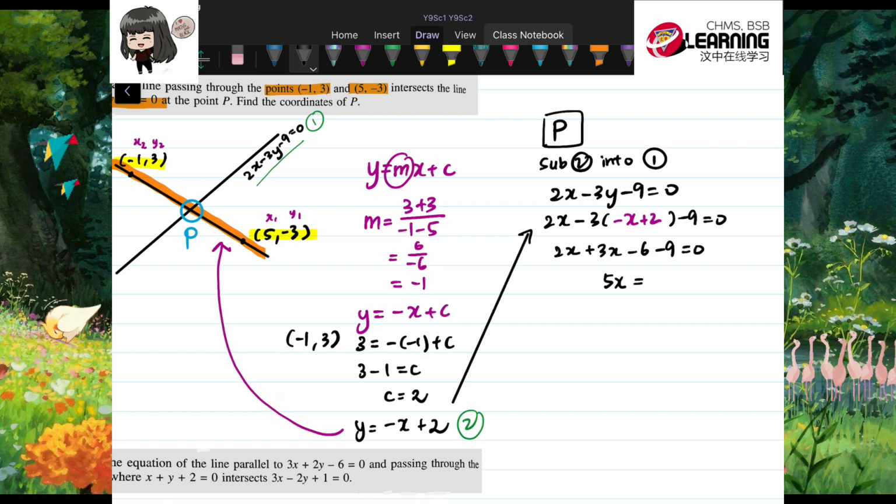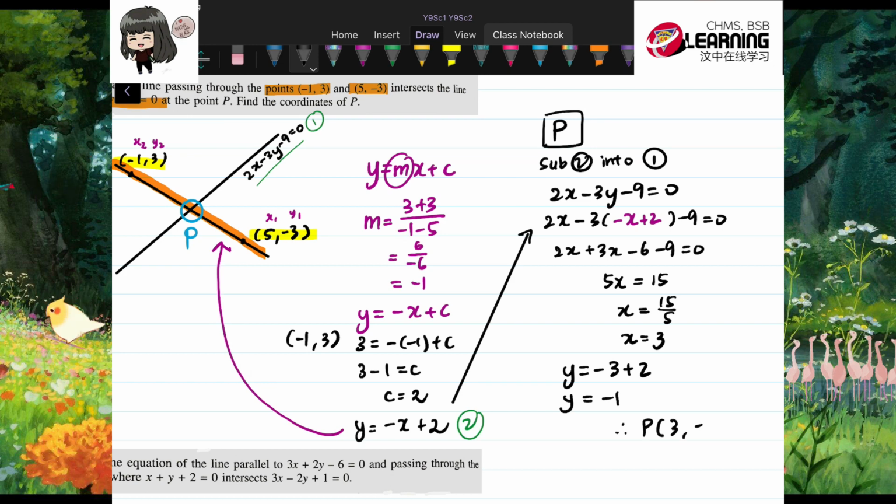Okay, you can try to solve it on your own. Therefore, my coordinate of P is 3, negative 1. This is my answer.